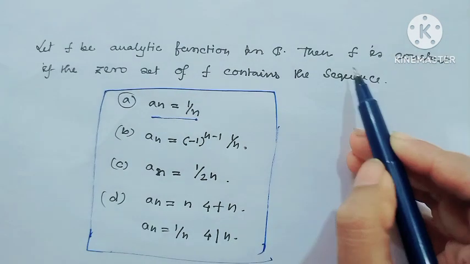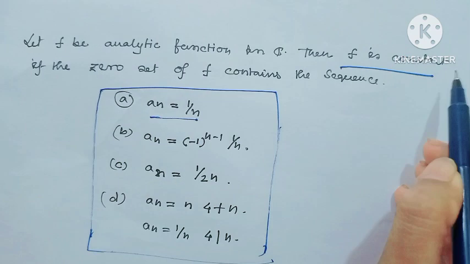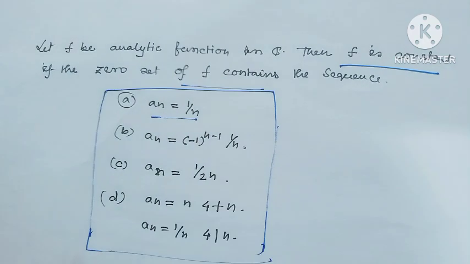Here the question is, when is f constant if the zero set contains the sequence.